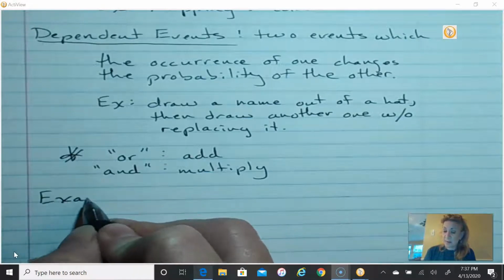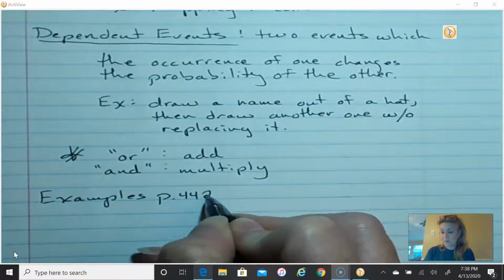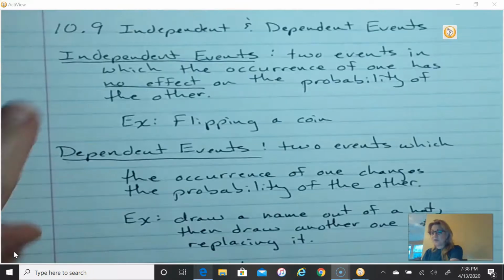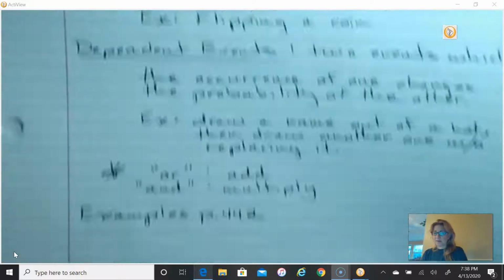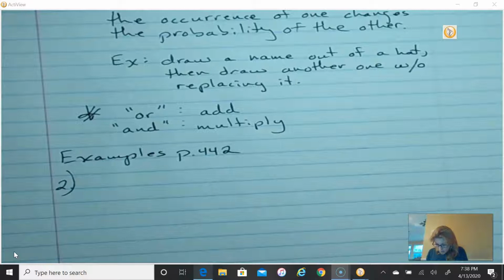Let's start on examples. Page 442. Okay, remember, you got to know the difference between independent and dependent. I'm going to do the evens. All right, so look at the directions. It says state whether the following events are independent or dependent.